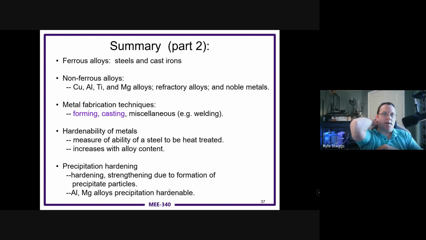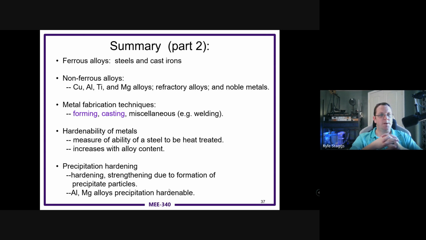The ability to be heat treated is key, and that increases with the alloy content. So the precipitation hardening is also very, very useful because it can strengthen something due to the formation of precipitate. So that's precipitating out the copper, leaving the small nodules and things, and strengthening with small grain structures the other materials, the aluminum or the magnesium.